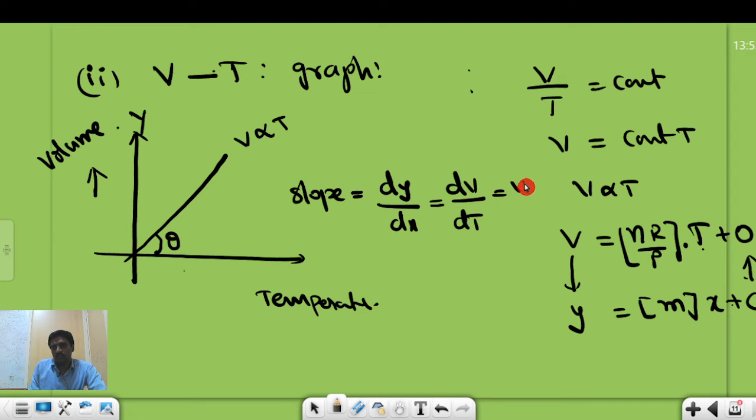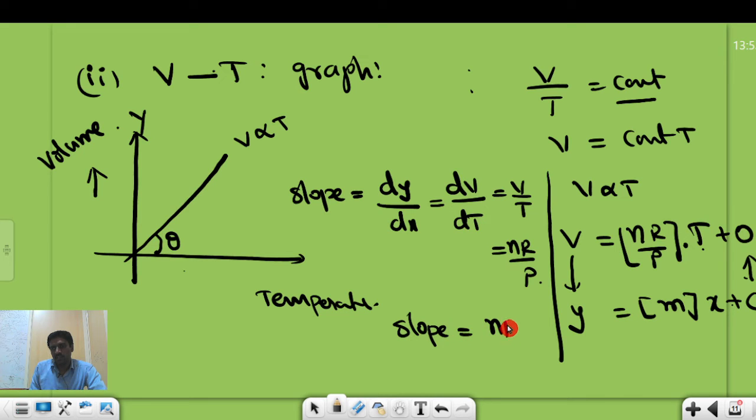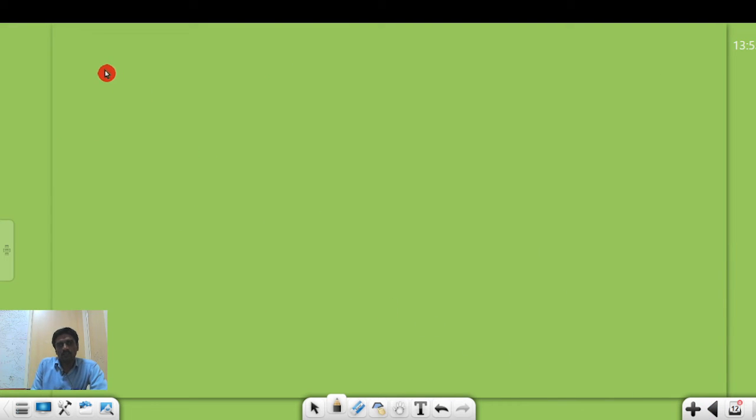This value is equal to V by T, which is some constant, and that constant is nR by P. Once again, the slope value is equal to nR by P. This is the constant slope we have, and it is a positive slope if you draw a volume and temperature graph. Let me go to another graph, the third graph: the P and T graph.